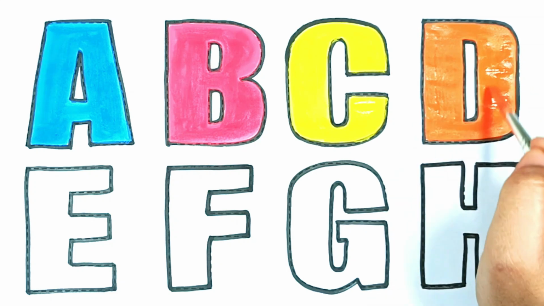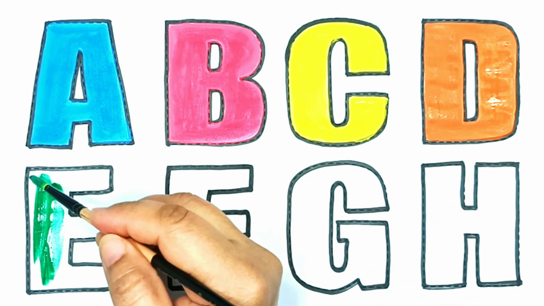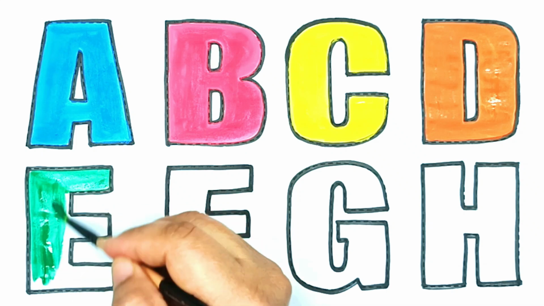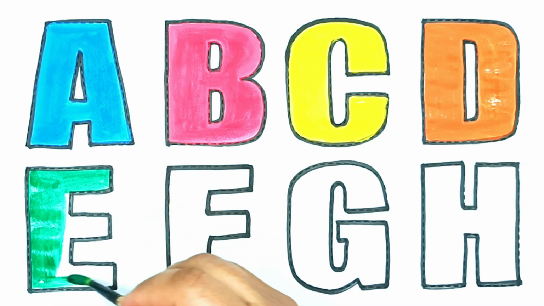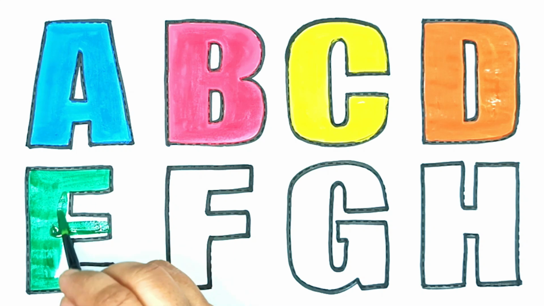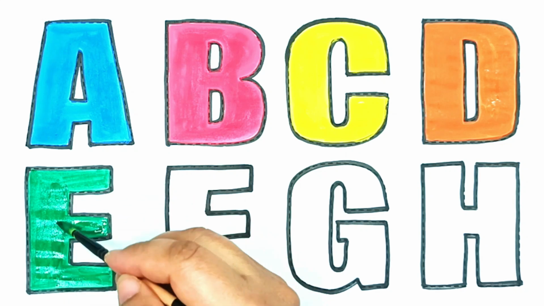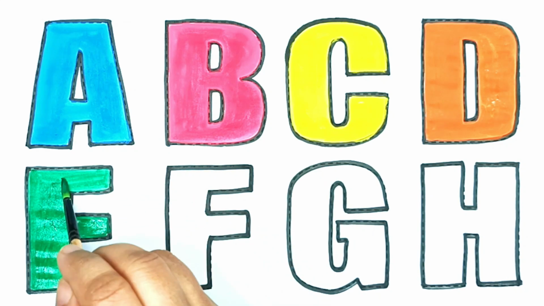D is for dreams, you have in the night. E is for elevator. E is for egg. E is for egg, the white and the yolk.